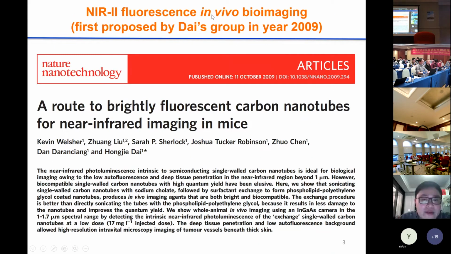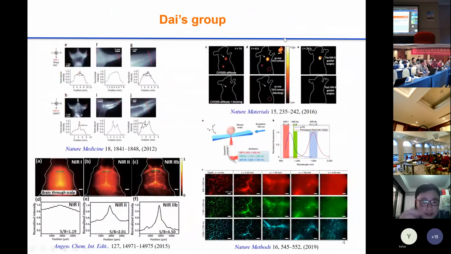For NIR-II fluorescence in vivo bioimaging, according to this definition, the wavelength of the signal is in the NIR-II range, from 1000 to 1700 nanometer. So it is quite different from visible fluorescence in vivo bioimaging and also NIR-I fluorescence in vivo bioimaging. This concept was first proposed by Professor Hongjie Dai at Stanford University in 2009.